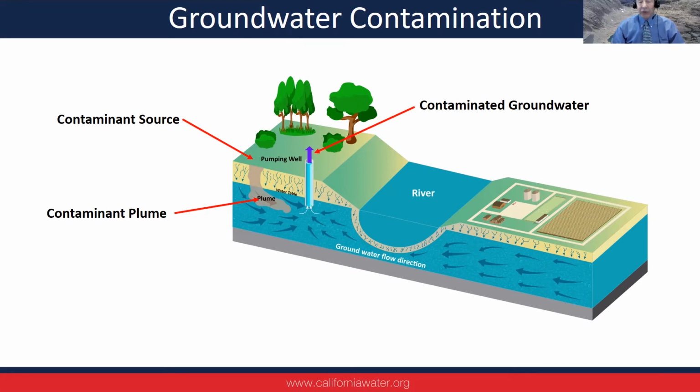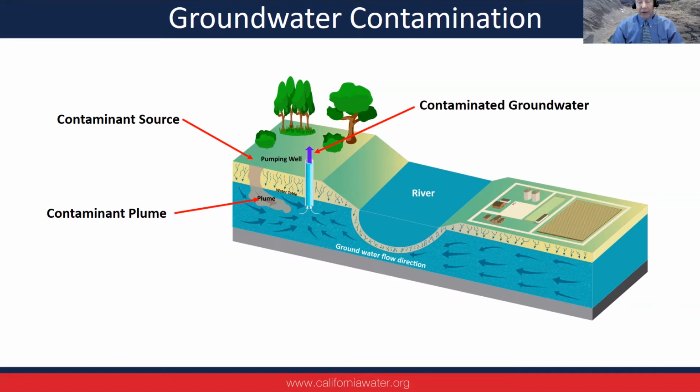Groundwater contamination generally occurs in one of two different ways. First way is where we have inadvertently or on purpose dumped contaminant on the ground surface, sometimes many years ago when we didn't realize that these contaminant sources can be mobilized by water and basically move through the ground system and into the groundwater aquifer.